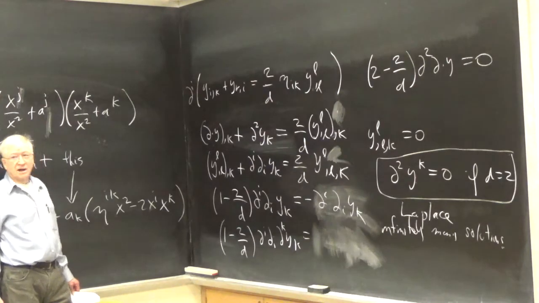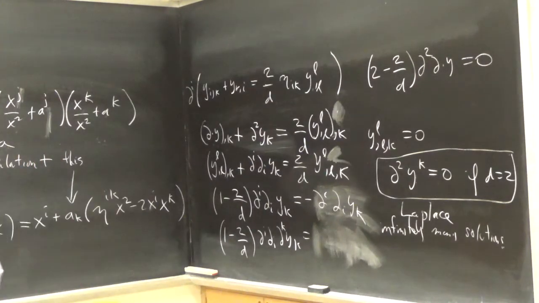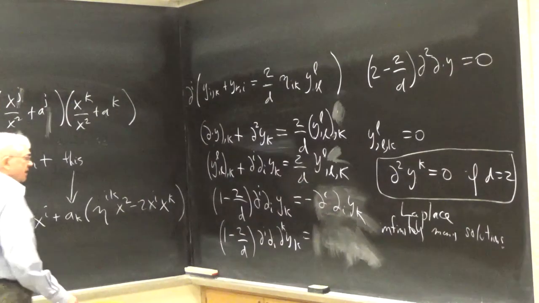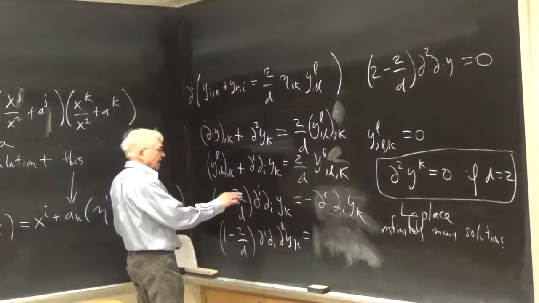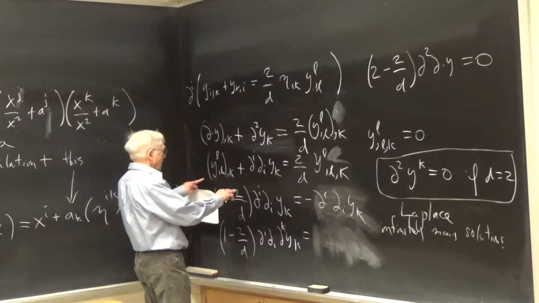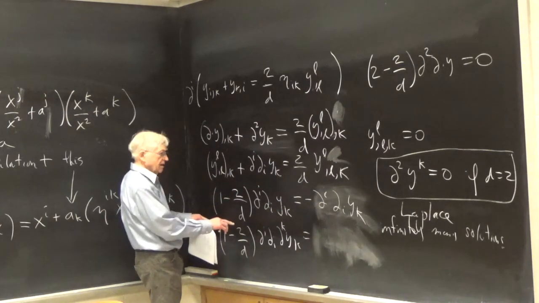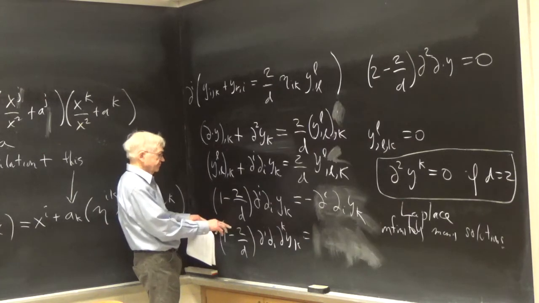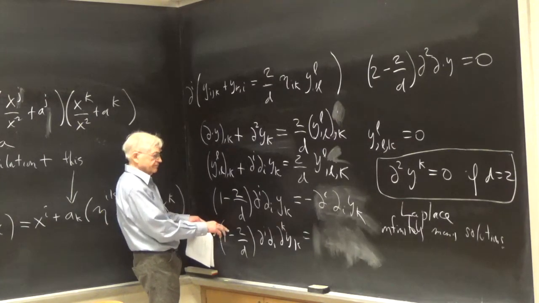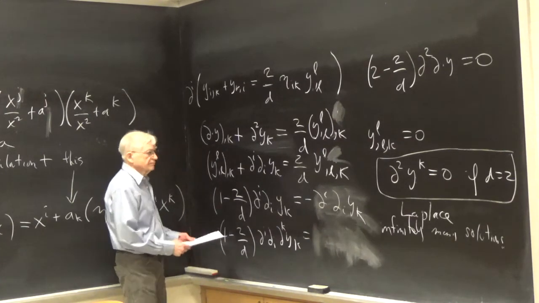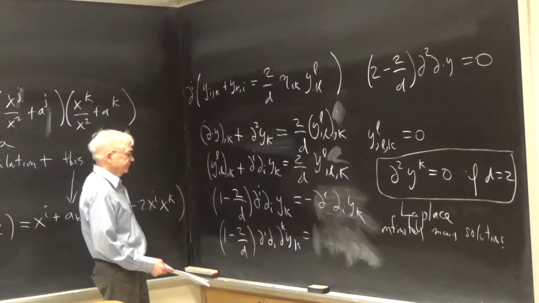I have a question. Can we go back to the one that you just changed? On the left-hand side, should that be y_{l,lk}? So 1 minus 2 over d multiplied by, shouldn't that be the y_{l,lk} instead of partial_i y_k? Am I right or am I missing something?